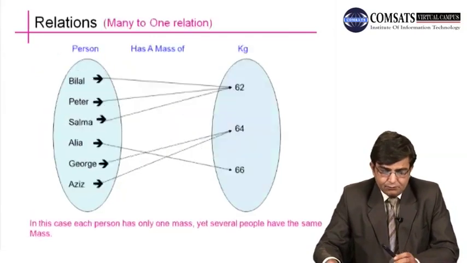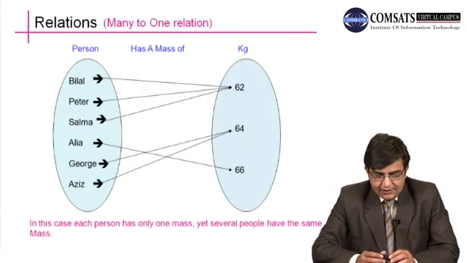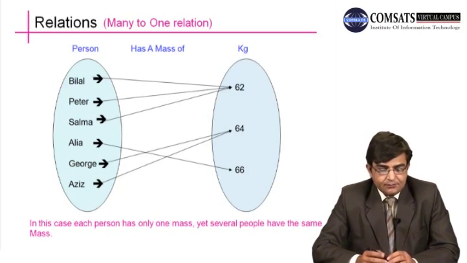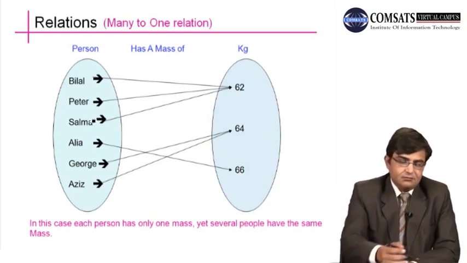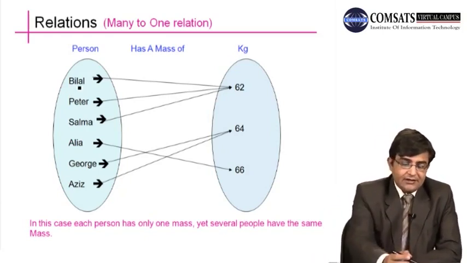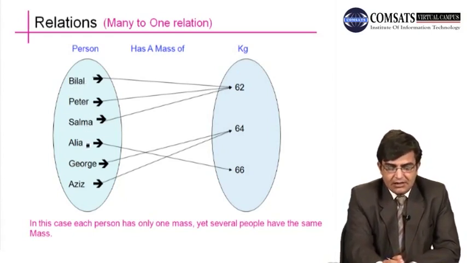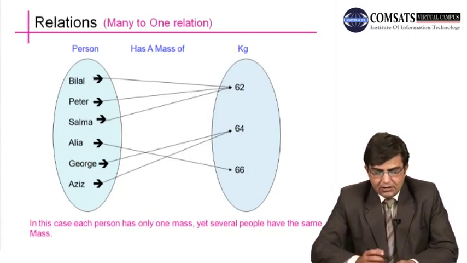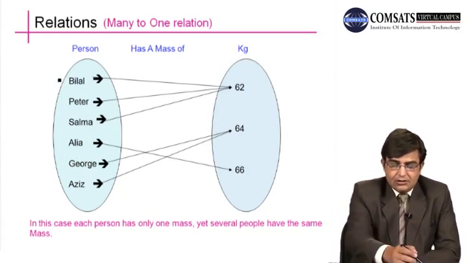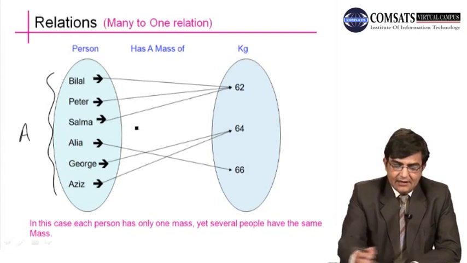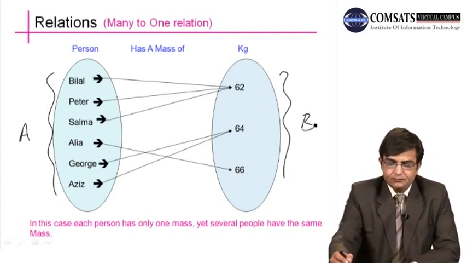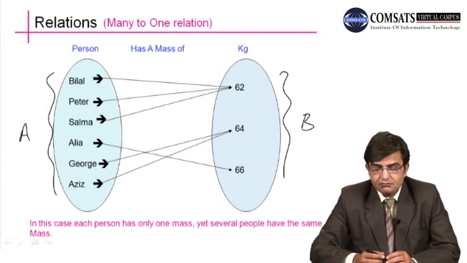The next is the many-to-one relation. Such types of relations also exist. In this case, we have two sets. The set A contains persons Bilal, Peter, Salma, Alia, George, Aziz, etc. We have this set as set A and this set as B. B contains three weights, 62 kg, 64 kg and 66 kg.